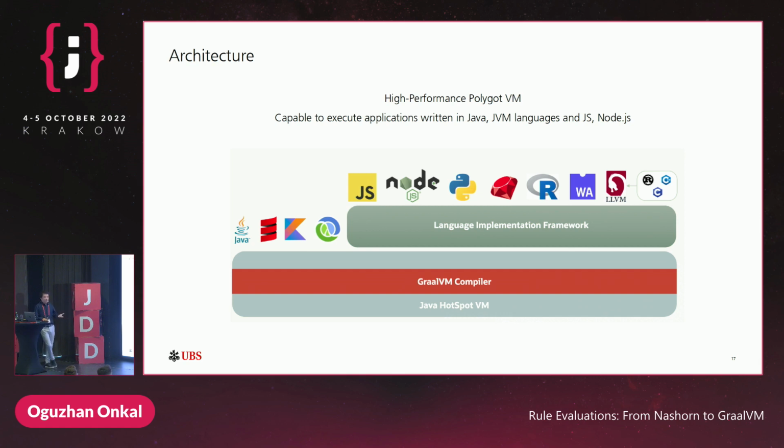So at the very bottom, it has this virtual machine capabilities. On top of that, there's a compiler which improves the performance. And if you recall that JavaScript engine diagram, I was saying there could be some optimizers, etc. So that's what the GraalVM compiler is doing. And on top of that, there's a language implementation framework. And this framework is called Truffle or Truffle API, which gives us the ability to execute multiple applications on Java.